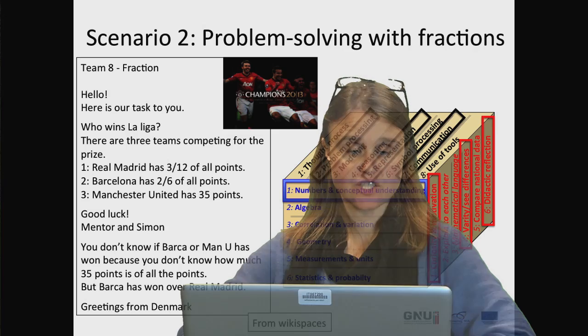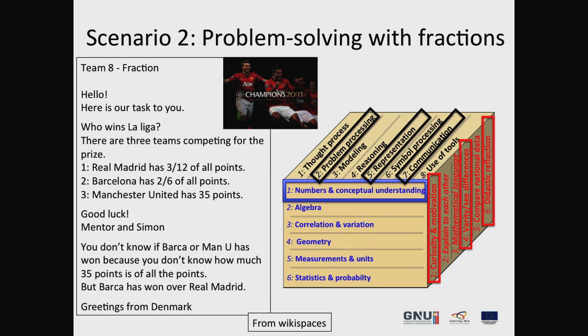They were working with fractions. For example, we can see how one team of students sent a tricky question to their fellow partners, asking who wins La Liga, then presenting some of the scored points the different soccer teams had gained so far. Here we can see that 1 key content is addressed, 3 competences, as well as 3 added values.